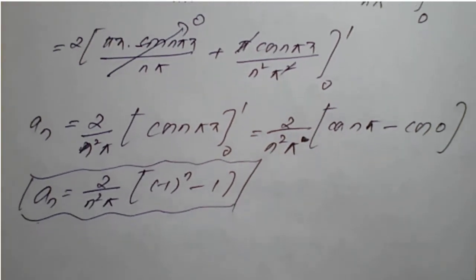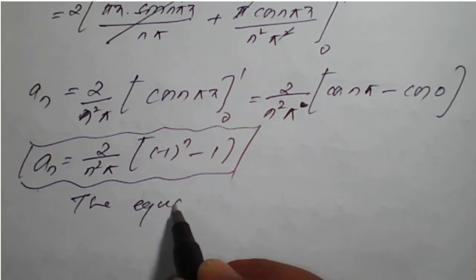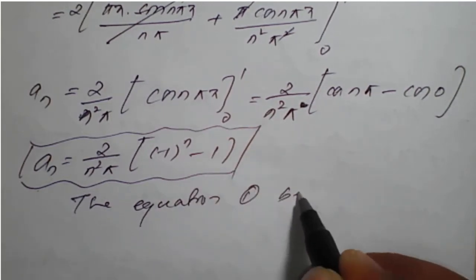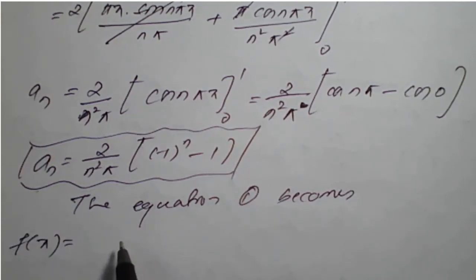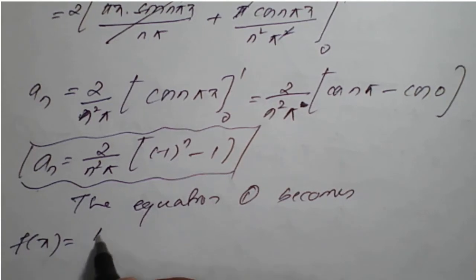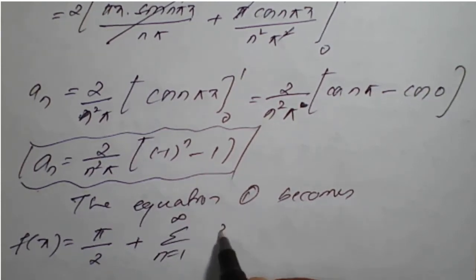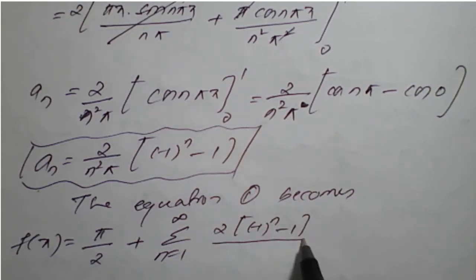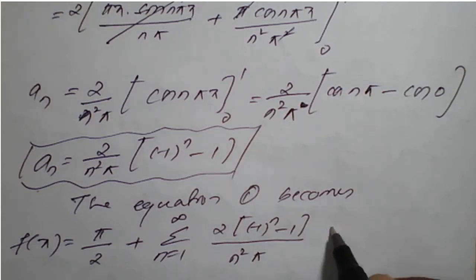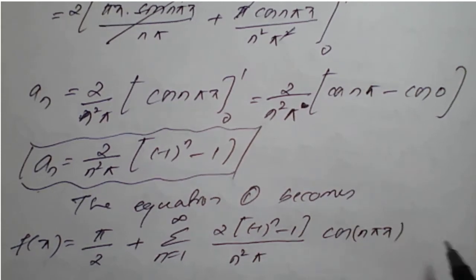So using these a naught and an values, equation 1 becomes f of x is equal to a naught value, we got it as pi, so pi divided by 2, plus summation n from 1 to infinity, an value is 2 into minus 1 raised to n minus 1 divided by n square pi into cos of n pi x upon L, where L is 1, so we'll neglect it.